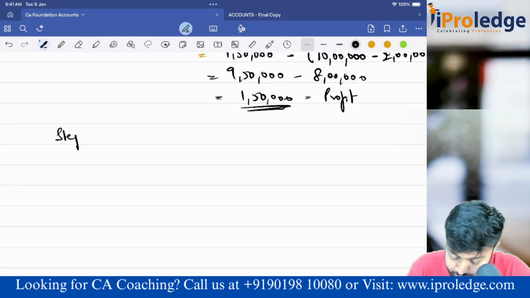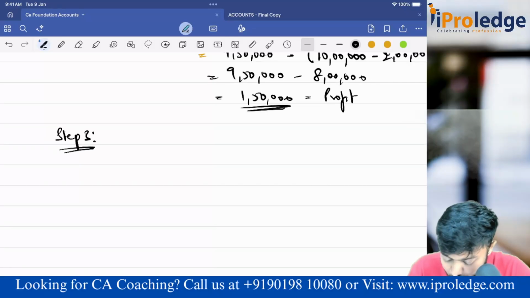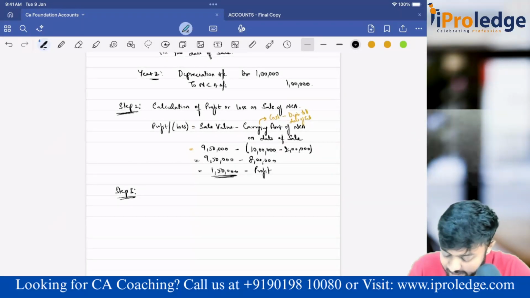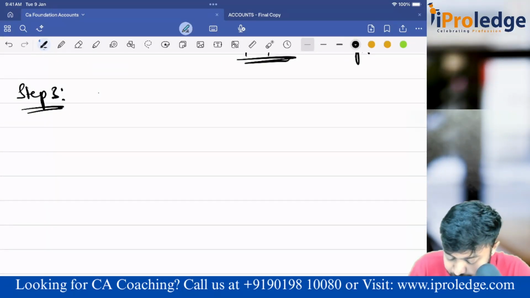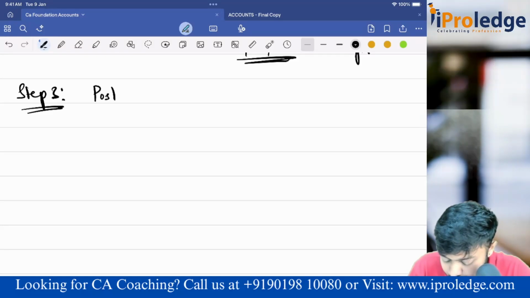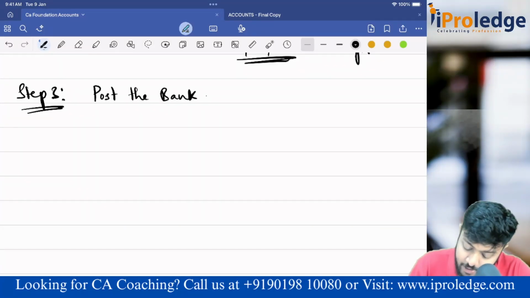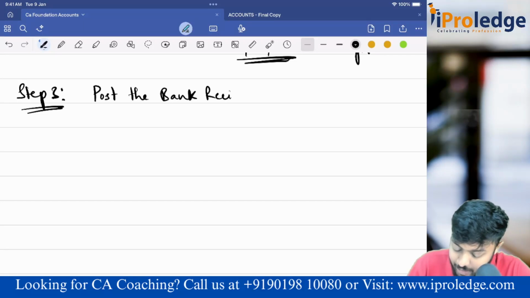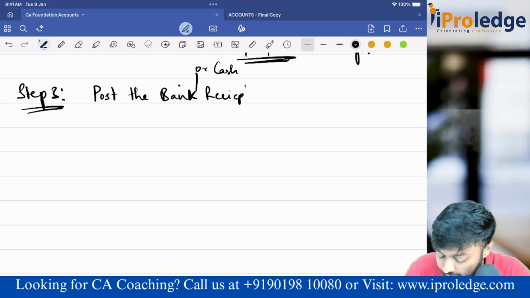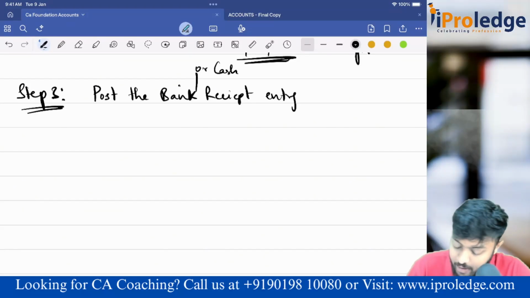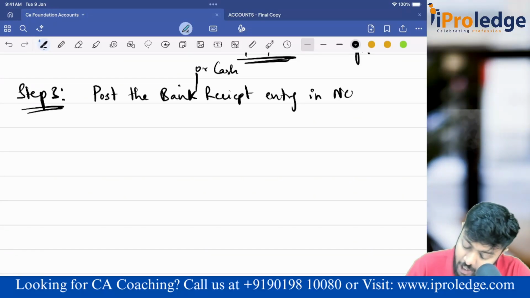Step 3. Okay, sir. We found out profit on sale. Now what I have to do is post the bank or cash receipt entry in non-current asset account.